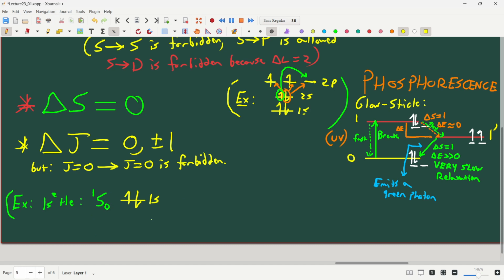So we could, for instance, put this into a state. What about a state that looks like this? 1s in a 2p orbital. And we have this state. So we've taken one electron from s and put it into p. What is the term symbol for this state? Well, it's 1P0.